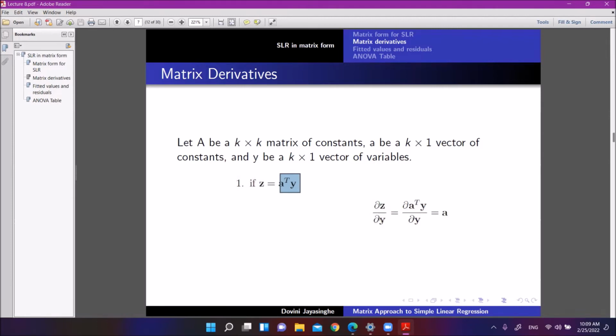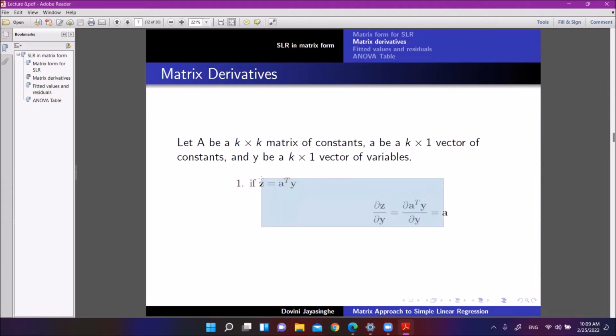And when the derivative is taken with respect to the vector y, you are ending up with the vector a. So that is the first thing that you have to learn in matrix derivatives. So this is actually used in the proving process.